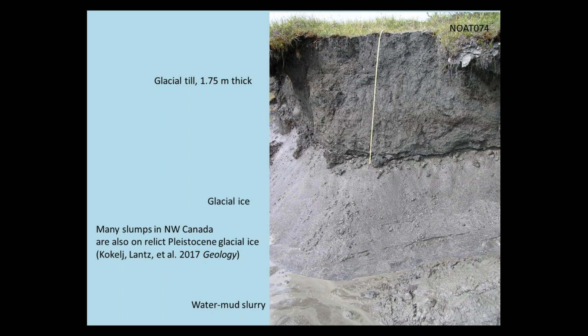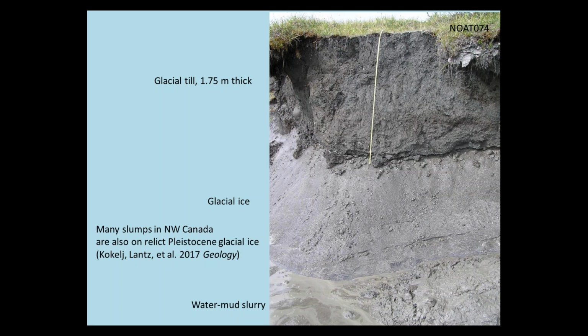For a while, this whole glacial ice hypothesis was a bit controversial, but I was pleased to see recently a paper came out from some workers in Canada who've worked a lot on these, and they have agreed that the places where you get a lot of thaw slumps is where you have relic glacial ice. In northwestern Canada, they are actually within the limits of the Laurentide ice sheet, and there's still ice up there, and they've concluded that that is the really big driver of thaw slumps in that region.